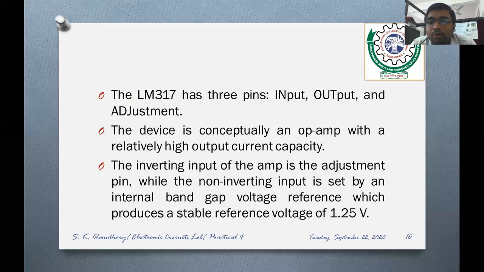The inverting input of the op-amp is the adjustment pin, while the non-inverting input is set by the internal band gap reference, that is actually a stable value. We have already seen in the theory lecture that it is 1.25 volt. It is a fixed value.